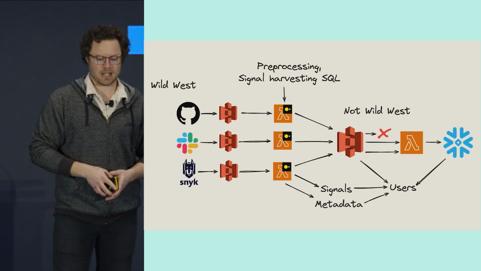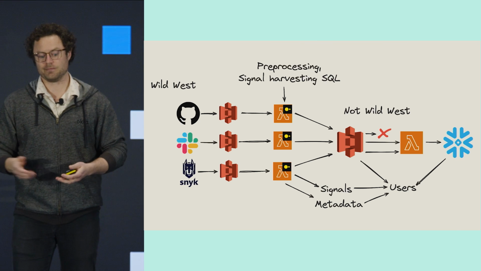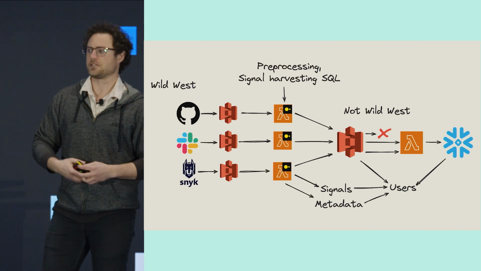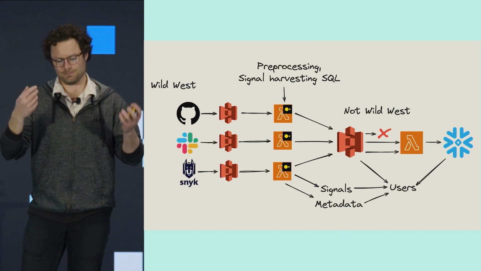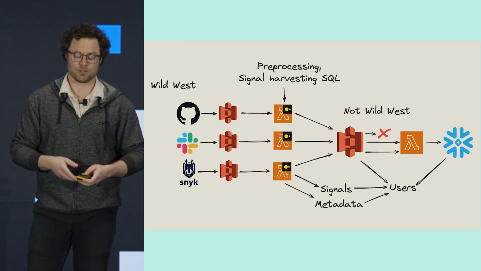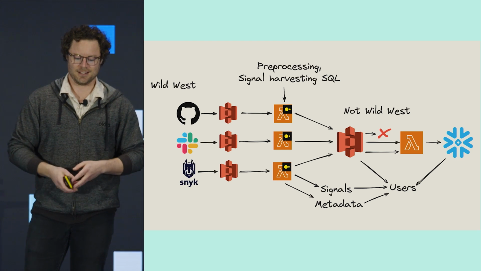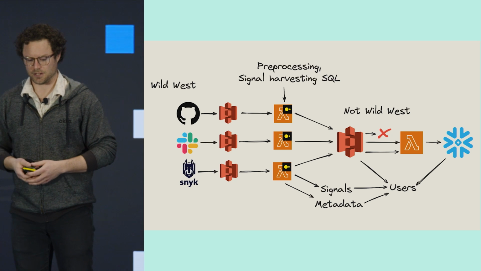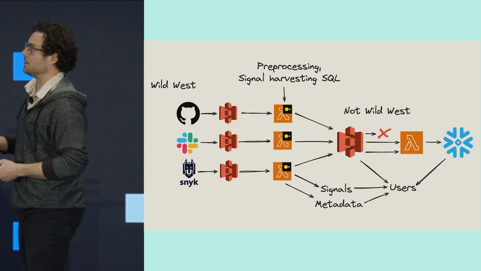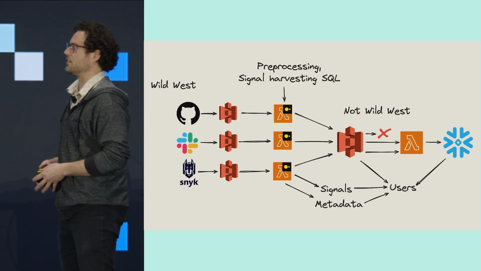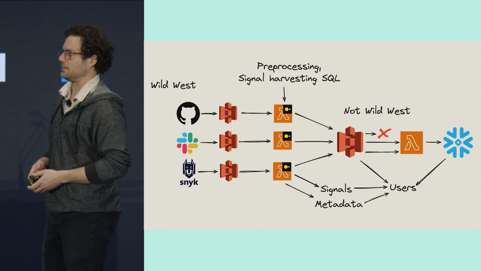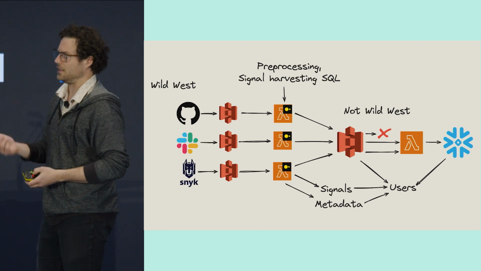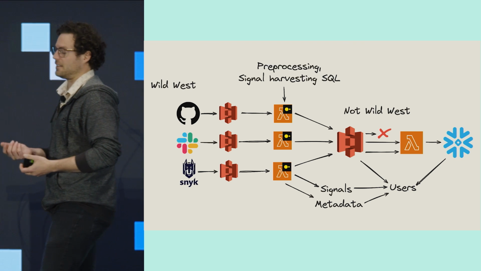Again, the pre-processing logic SQL statements and signal harvesting logic SQL statements were registered by users. Lambdas are deployed, source-specific Lambdas specifically. Signals are generated, metadata is generated, and available to the user long before it goes into Snowflake. So some of our heavier workloads actually never go to Snowflake unless we need to, and then we just flip that on because it saves a lot of costs.